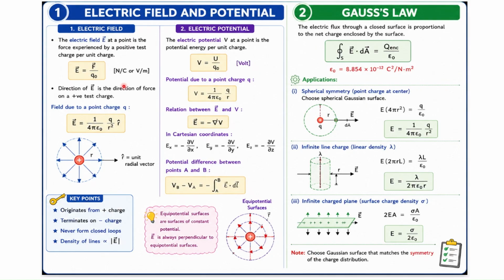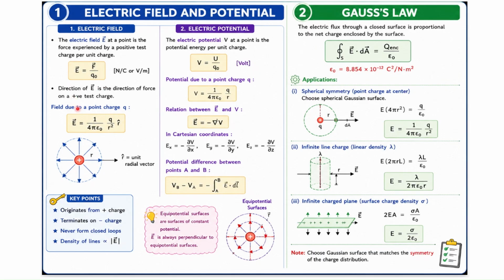For a single point charge Q, Coulomb's law gives us a very clean formula for the field at a distance r.